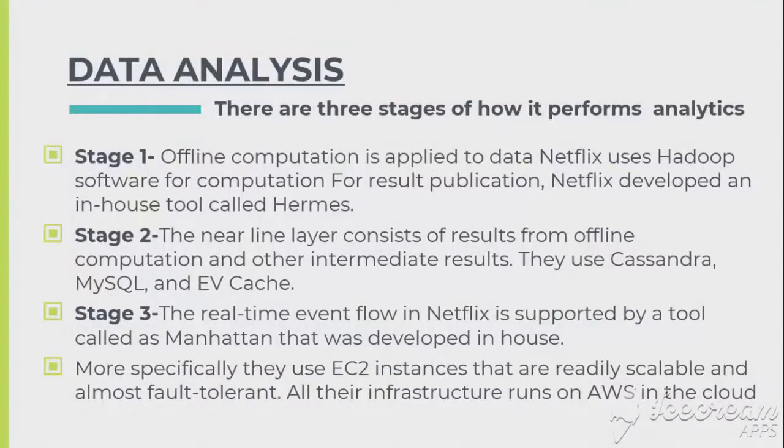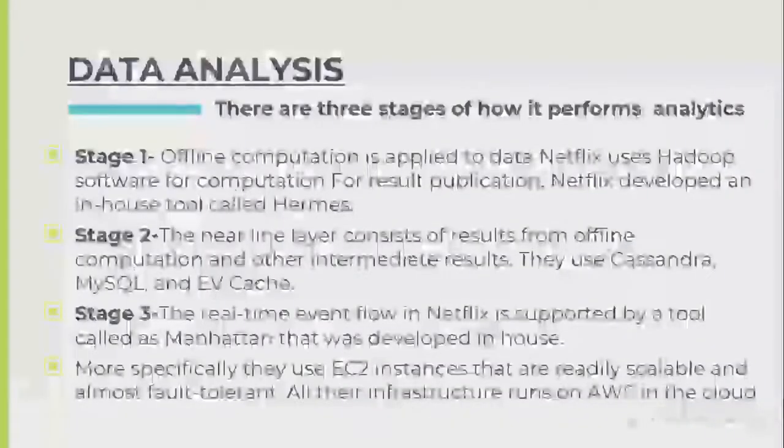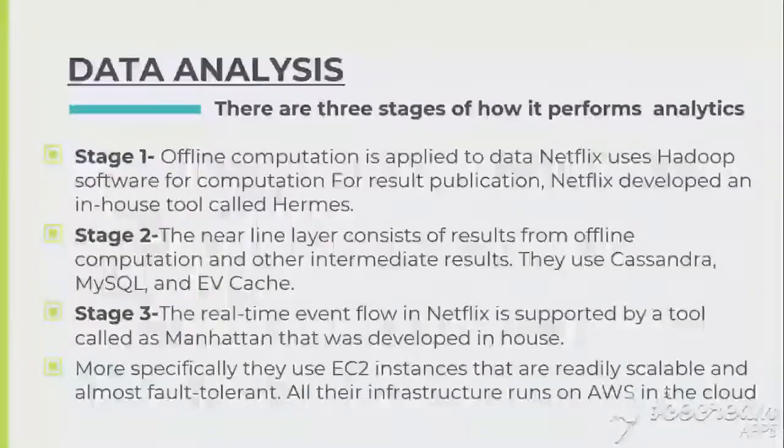What is EC2? EC2 is simply a virtual machine that represents a physical server for you to deploy your applications instead of purchasing your own hardware and connecting it to a network, that are readily scalable and almost fault tolerant. All their infrastructure runs on AWS in the cloud.